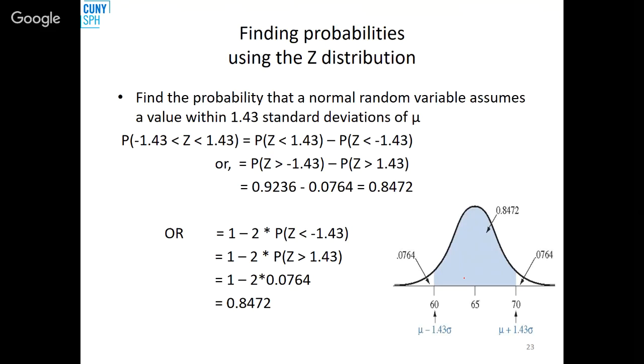So if you're using the tables, you have to be comfortable with these rules of symmetry and of the entire area summing up to 1. If you're using the software, probably you will just, for any interval, take the left probability of the upper value minus the left tail probability of the lower value and do it the same way every time.